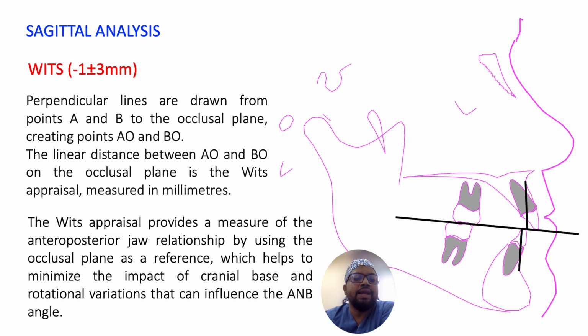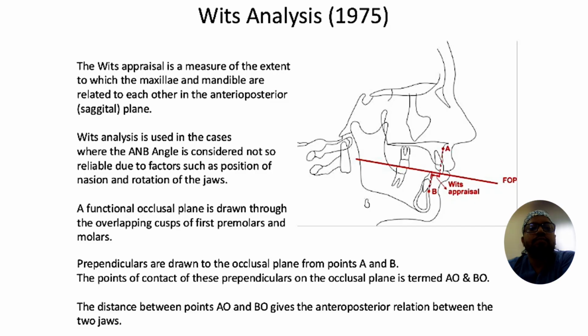Sometimes A and B in the angle can influence; in that case, width analysis is important. So here the AO-BO distance is clearly shown. It is in millimeters, it is not an angle. This distance is the width analysis interpretation, which gives an idea about the lower incisor condition.